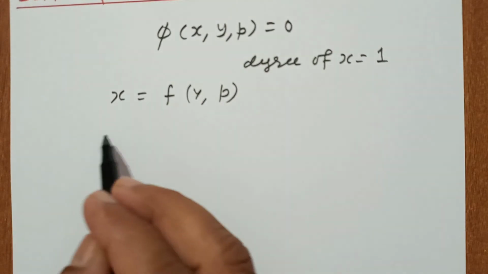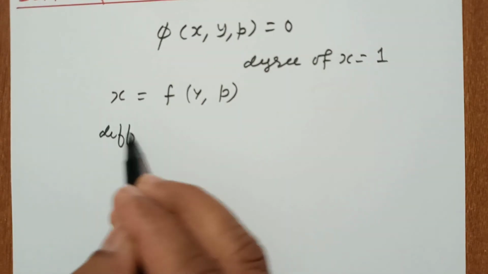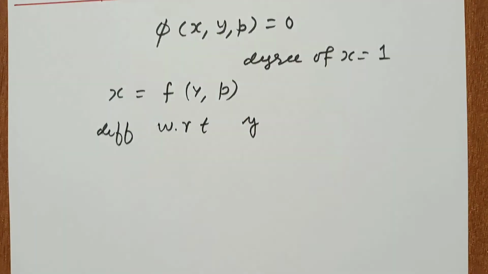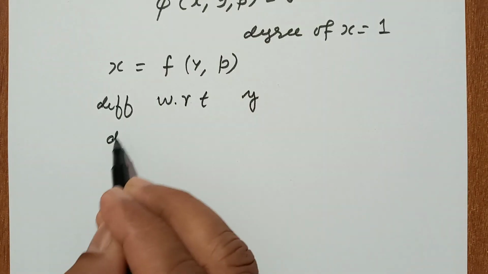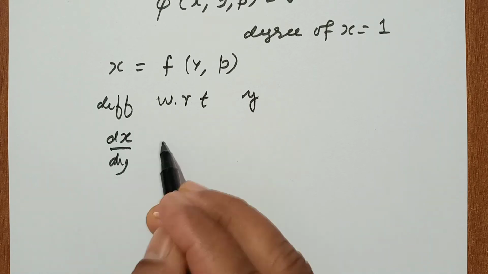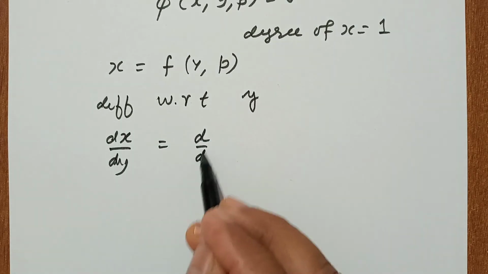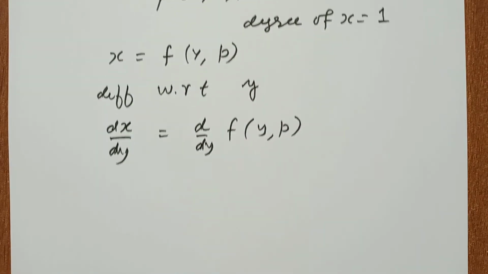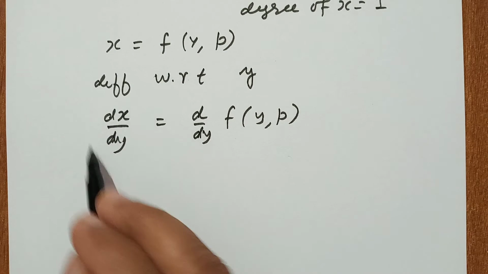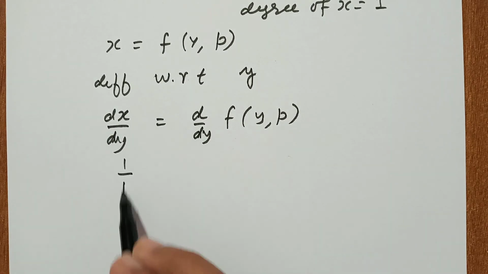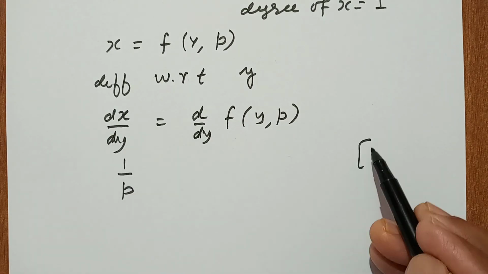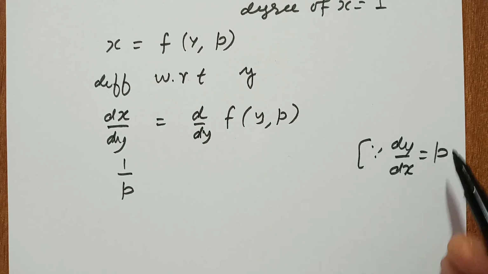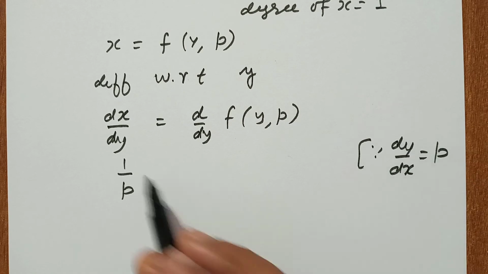The next step is differentiating with respect to y. Then dx by dy is equal to d over dy of f(y, p). Next step is putting dx upon dy equal to 1 upon p, since dy by dx is equal to p, so dx upon dy is equal to 1 upon p.